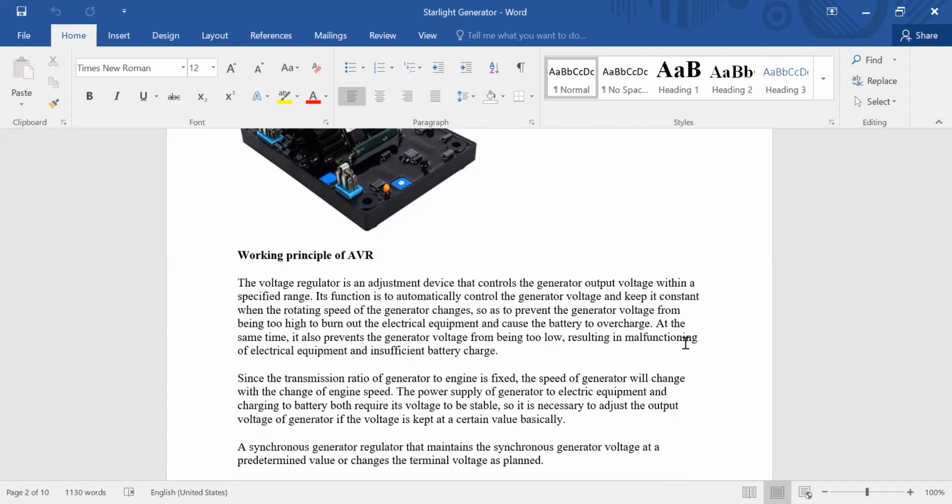Okay, and the power supply of the generator to the electric equipment and charging to the battery both require its voltage to be stable. So it is necessary to adjust the output voltage of the generator so that the voltage is kept at a certain value basically.